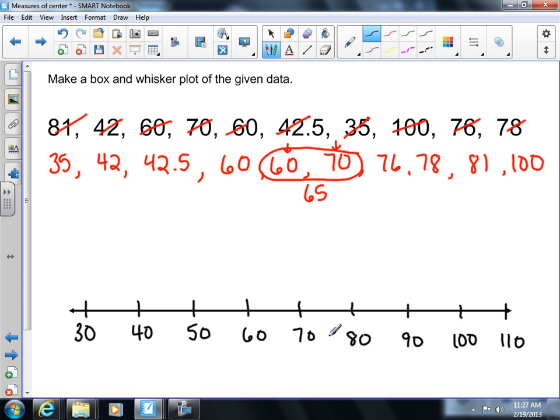Now, did I have a 90 or an 80? No, but once I establish what my intervals are, I have to keep them the same. All right, so we're going to plot our 65, which will be halfway between 60 and 70. Draw your bar.